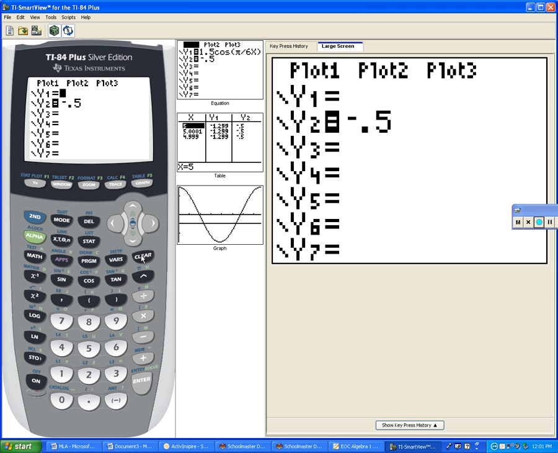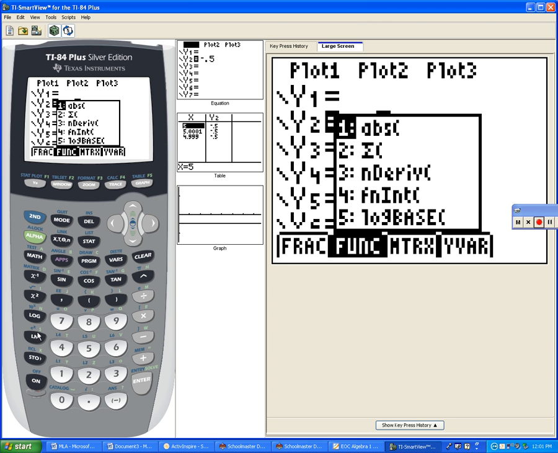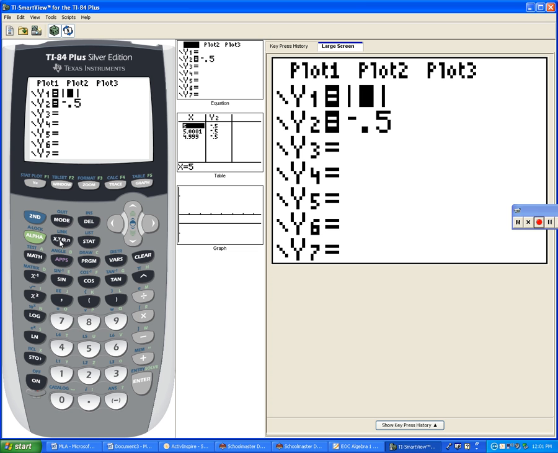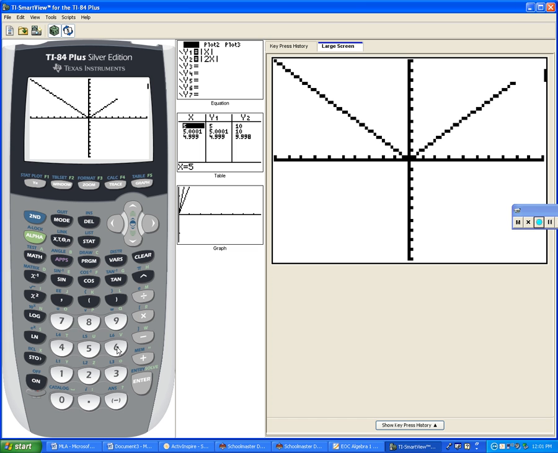Okay, so first one, it said absolute value of x. And then the next one said the absolute value of 2x. So there's the absolute value of x, and the other one is the absolute value of 2x. What is different about those two graphs? This first one is the absolute value of x.